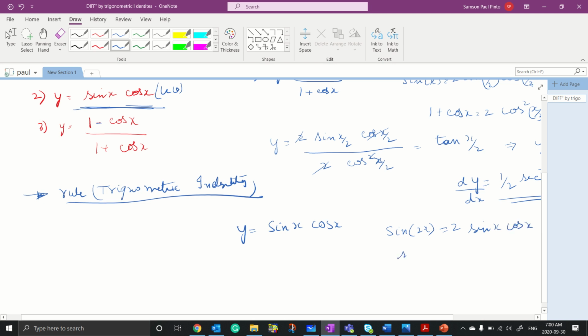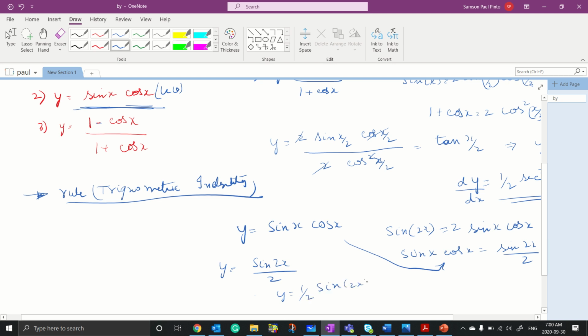That is, sine x into cos x is sine 2x by 2. So I can write this in terms of sine 2x by 2, and that will give me y equal to sine 2x by 2, which is nothing but y equal to half of sine 2x.